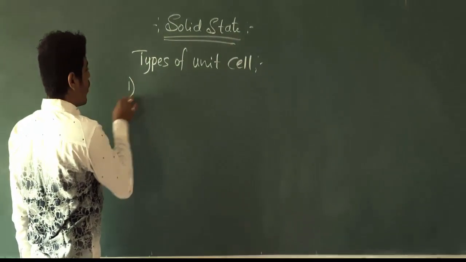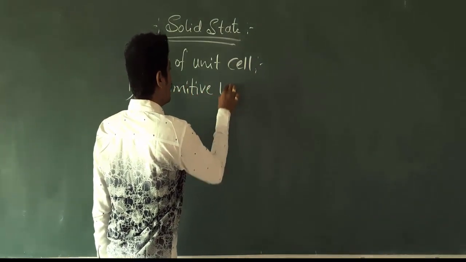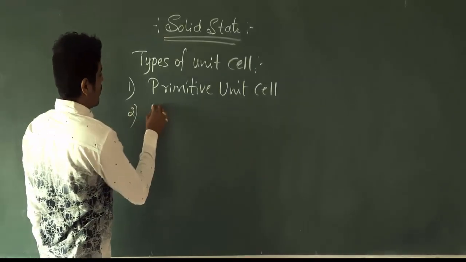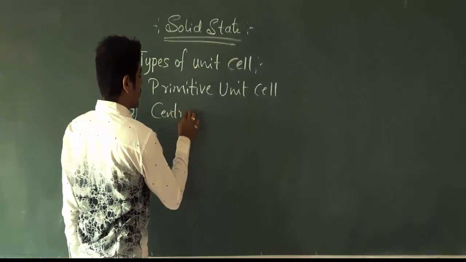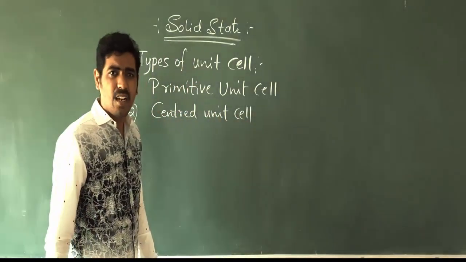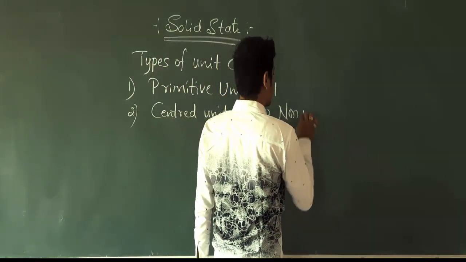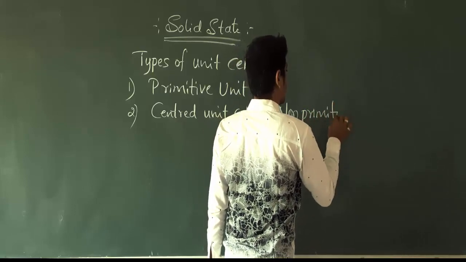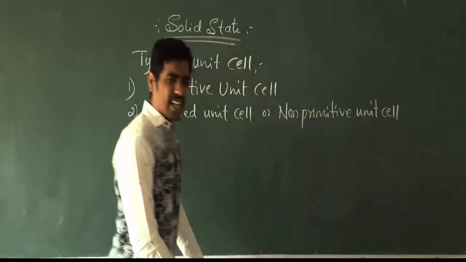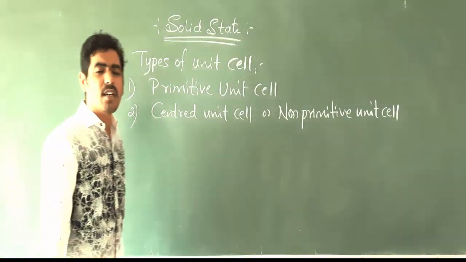One type is the primitive unit cell, and the second type is the centered unit cell, or it is also known as the non-primitive unit cell. So these are the 2 types of unit cell, primitive unit cell and centered unit cell.